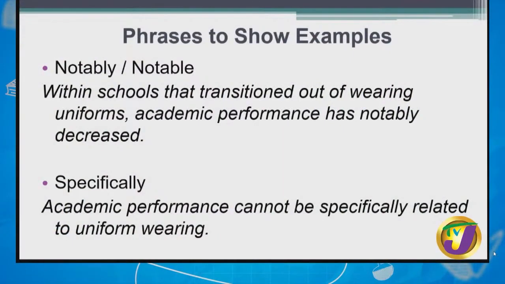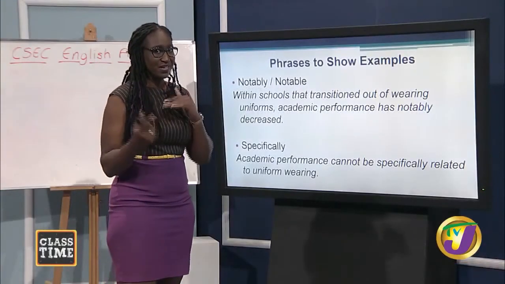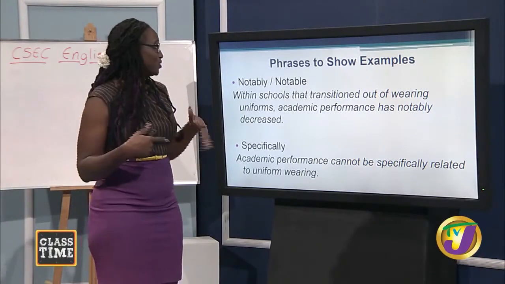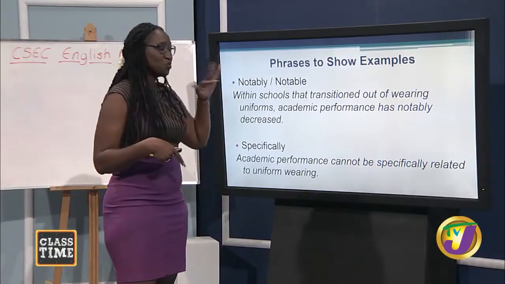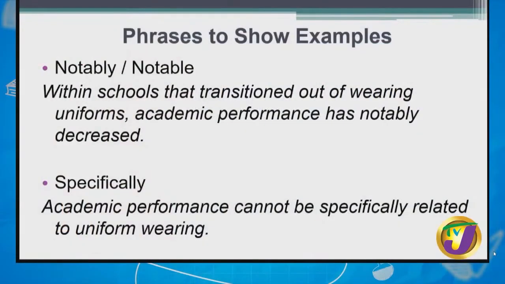So you're showing now that the performance is one thing, the uniform is another thing, and the two things are not necessarily interrelated the way we would like to think they are. So keep in mind, you want to show examples, and you're using "notably" or "notable," or you're choosing to use "specifically" to do this. Now, that's it for today's lesson.